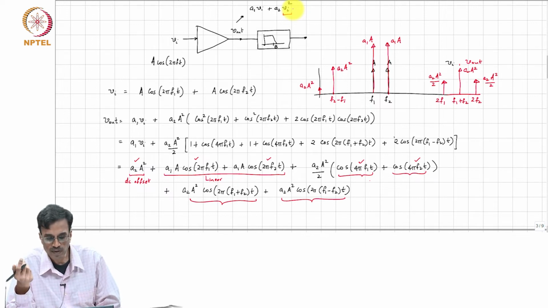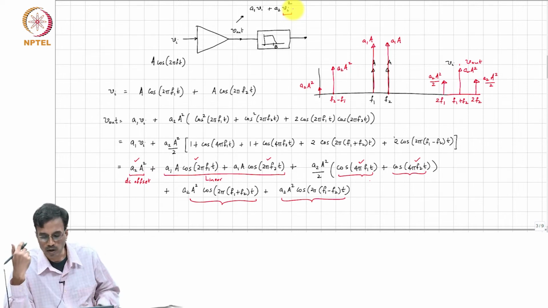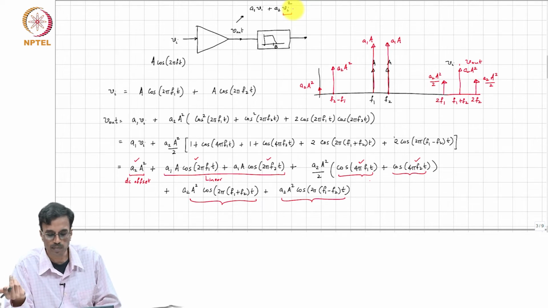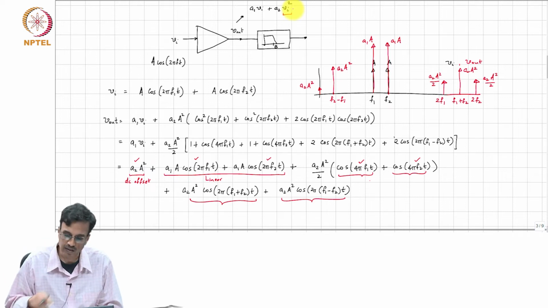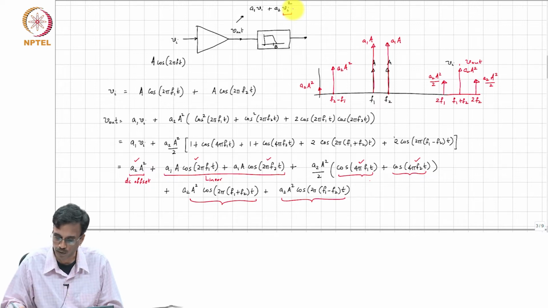But what also happens is that F1 cross mixes or multiplies with F2, and you will get both the sum and the difference frequencies. This is often what is called intermodulation distortion.